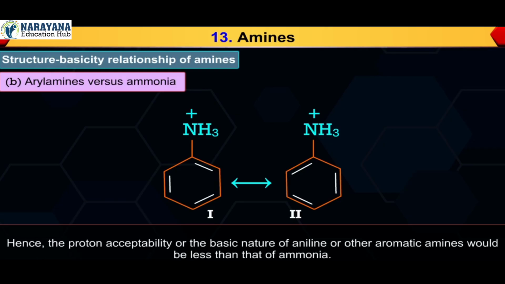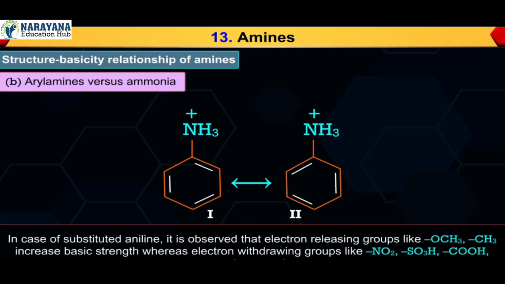Hence, the proton acceptability or the basic nature of aniline or other aromatic amines would be less than that of ammonia. In case of substituted anilines, it is observed that electron releasing groups like OCH3, CH3 increase basic strength, whereas electron withdrawing groups like NO2, SO3H, COOH, X decrease it.